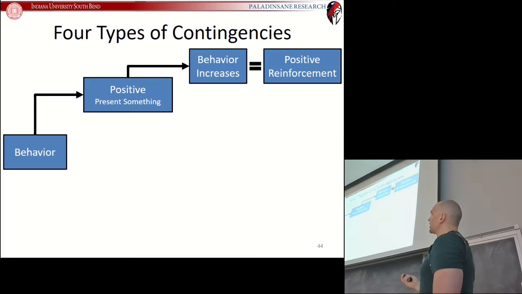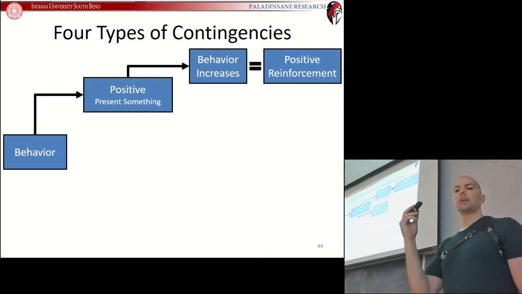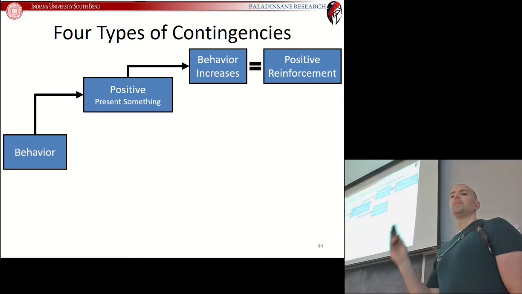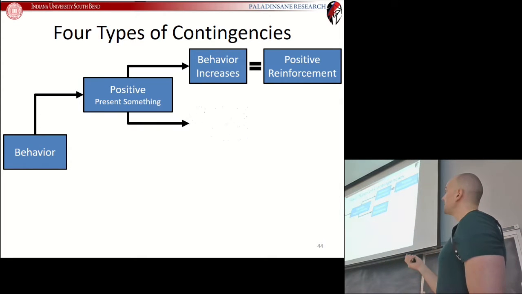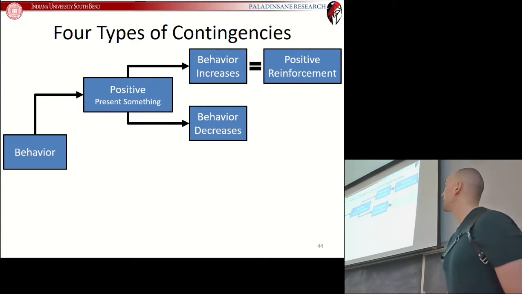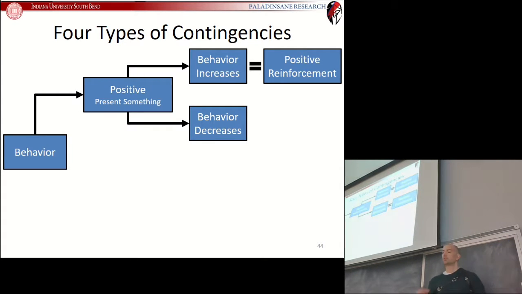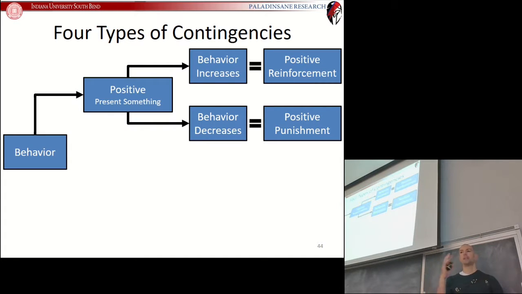On the other hand, if the behavior is followed by something being presented, and that causes the behavior to decrease, that is positive, but the behavior decreases, and that only happens with punishment. So positive punishment is when you present the organism with something after their behavior, and the probability of the behavior goes down. Positive because you presented something, punishment because the behavior went down. So those are the positive contingencies.